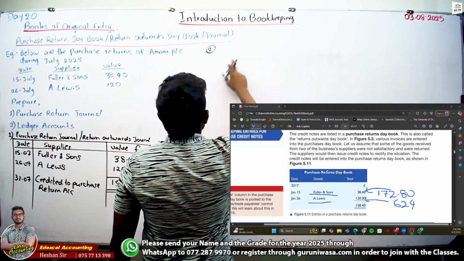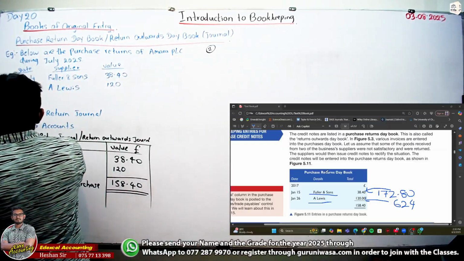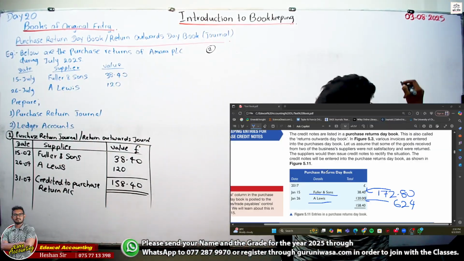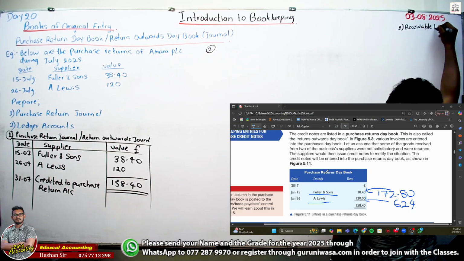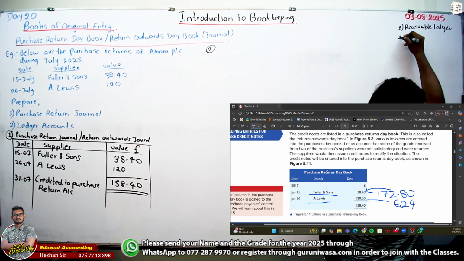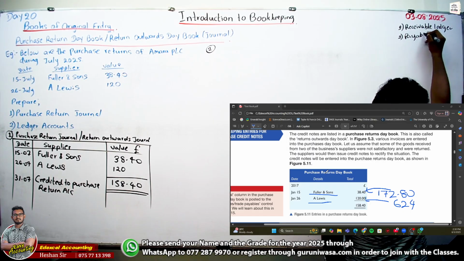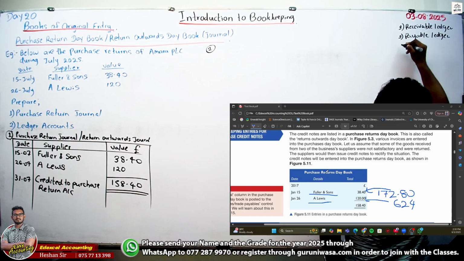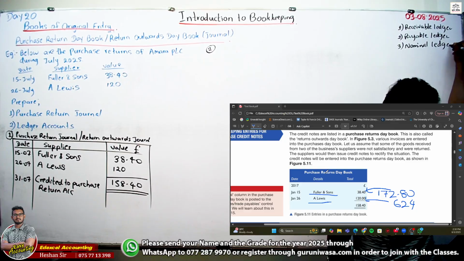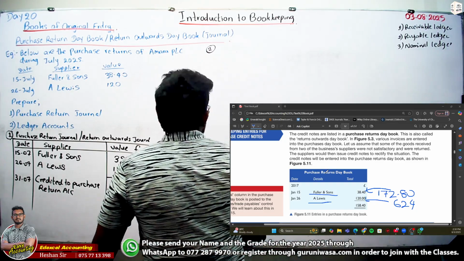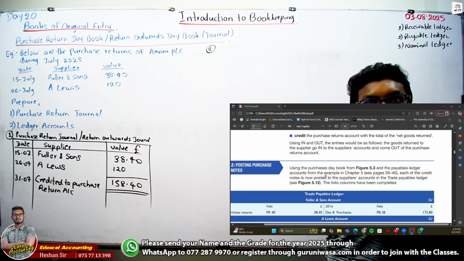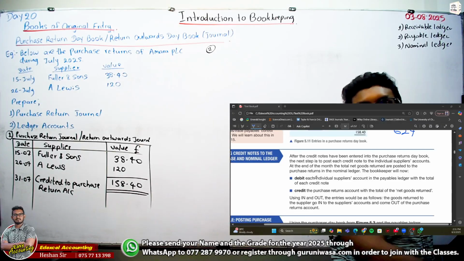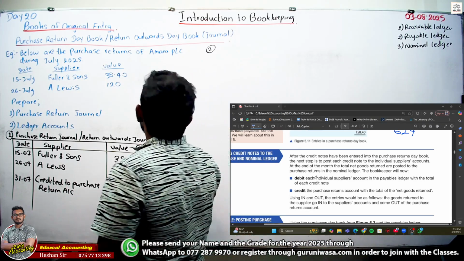So we need three things. I told you there are three ledgers: number one, receivable ledger; number two, payable ledger; number three, nominal ledger. Now when we purchase, we record in the payable ledger. When we return also, we record in the payable ledger. You can see, we base it on the credit notes, not the debit notes.